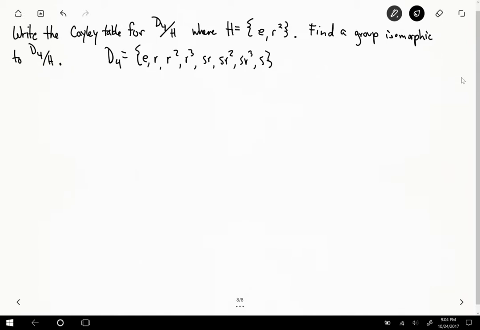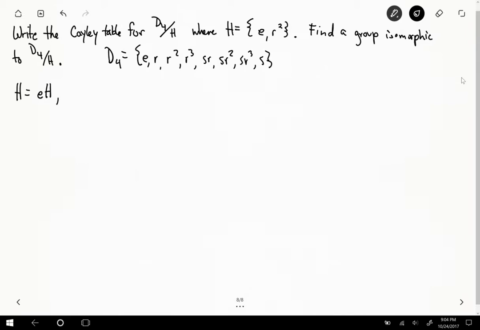Okay, so when we take a look at this, we have to find, first off, what the cosets are for this D4 mod H, or this factor group of D4 by H. The easiest one is H, which is equal to EH.